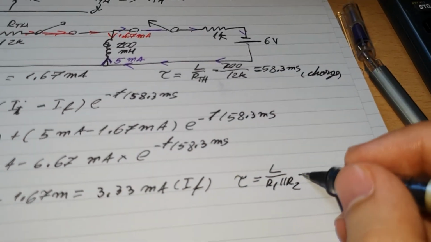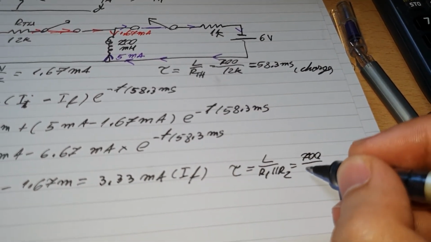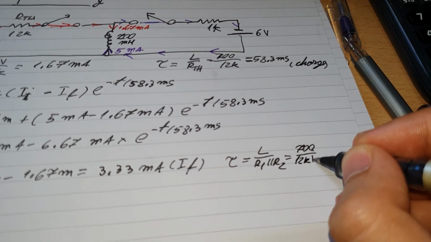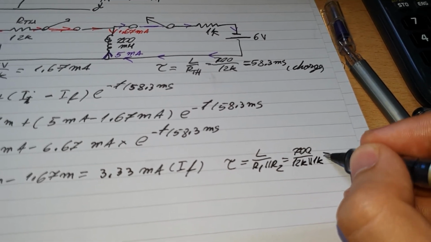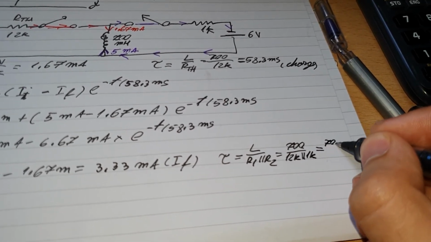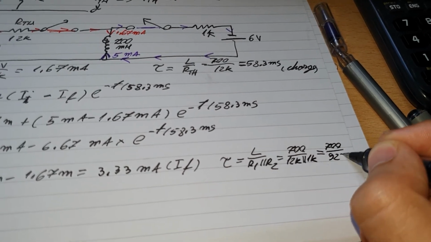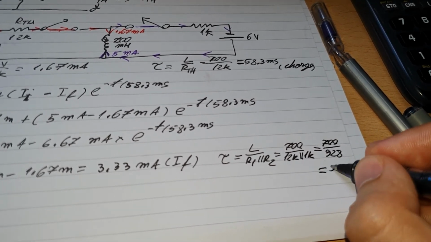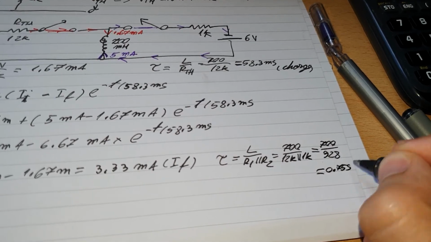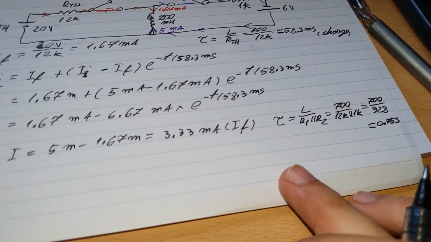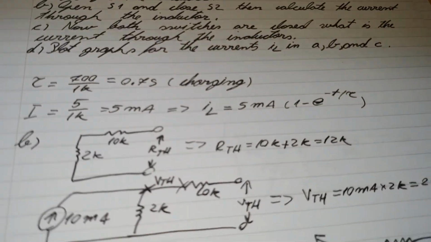So that will be 700 in parallel with 12k in parallel with 1k, which is 700 divided by 928, and that gives us 0.75 seconds, which is really slow. It's even slower than the original A.